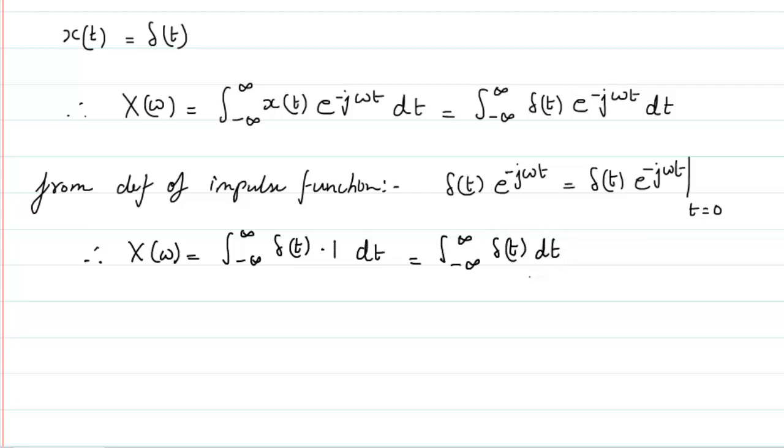But we have already studied the delta function, that the area under the delta function is always equal to 1. Therefore x of omega is equal to 1. So as a result, we will write that the Fourier transform of delta t gives me 1.